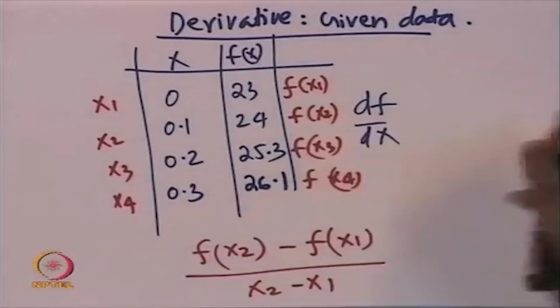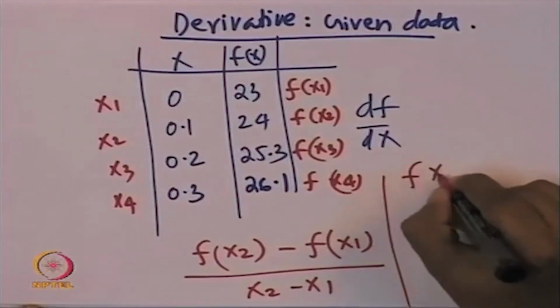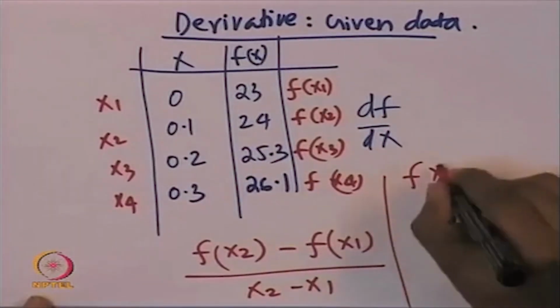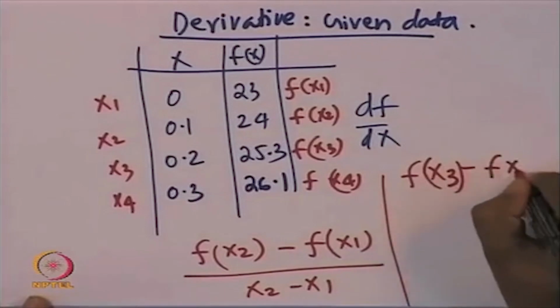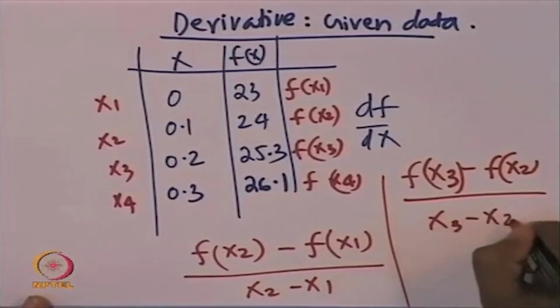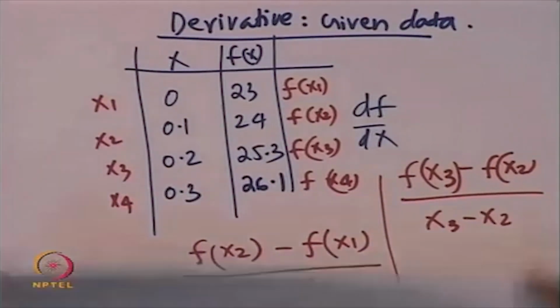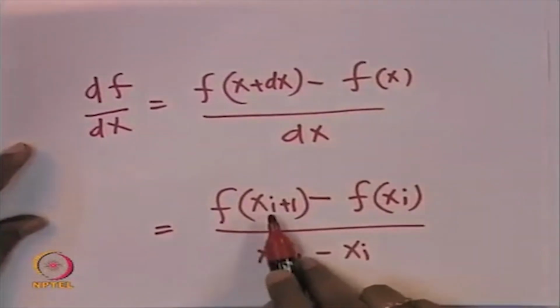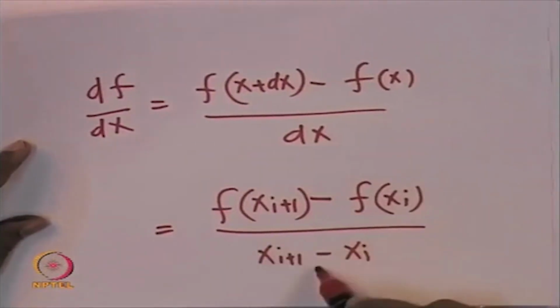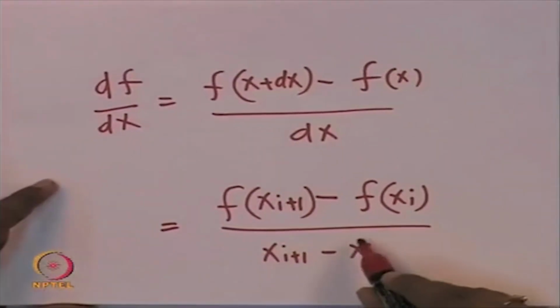Similarly, the slope between these two will be f of x 3 minus f of x 2 divided by x 3 minus x 2. So, essentially what you have is this formula, f of x i plus 1 minus f of x i divided by x i plus 1 minus x i. So, this can be used.